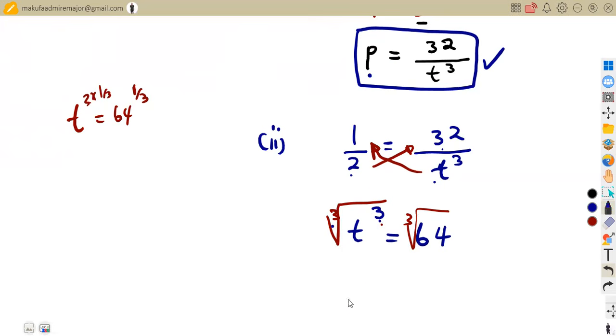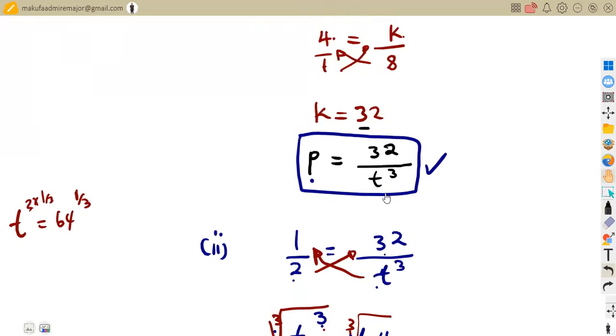The cube root and the cube neutralize, so we remain with T, and the cube root of 64 is simply the number that multiplies itself 3 times to give us 64. That's 4 times 4 times 4. So that is how we play around with these questions, guys.